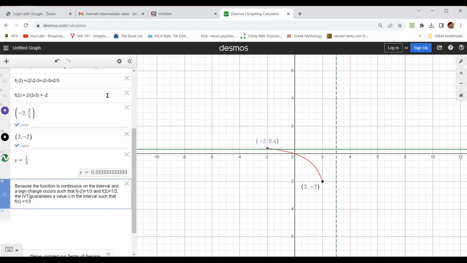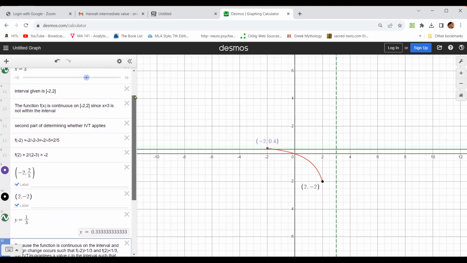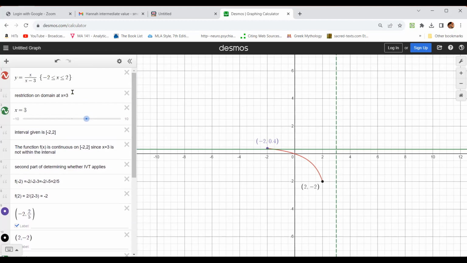So what we're going to do is plug in 1/3 into, where does 1/3 go? Look at your function. It goes into x over x minus 3.